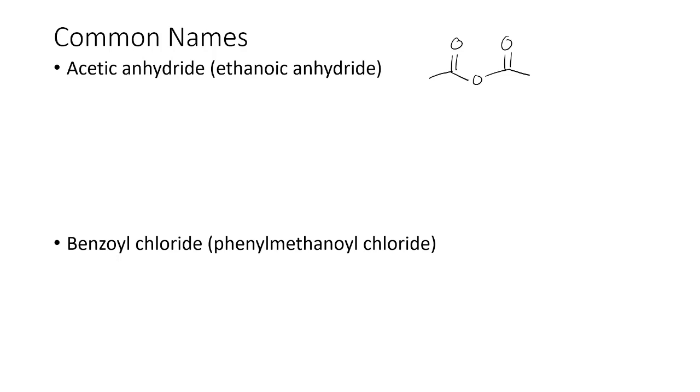That's our ethanoic anhydride. Benzoyl chloride, also known as phenylmethanoyl chloride. So we have our benzene ring, and that is attached to our acid chloride.